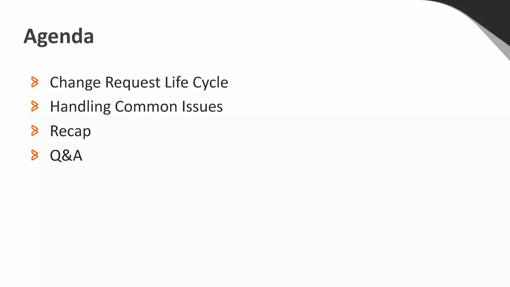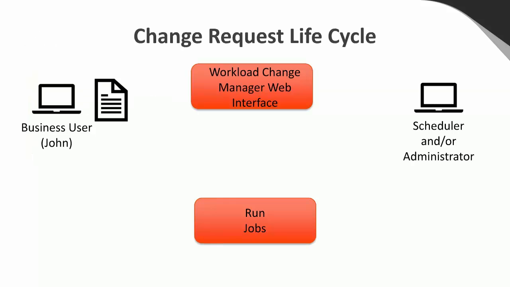Let's discuss the life cycle of a change request. To help us understand the scenarios, let's spend a minute discussing the change request life cycle. We have our business user, John. John makes changes to business job flows and submits them as requests to a Control M administrator or scheduler who can either process the change request or return them back to the business user.